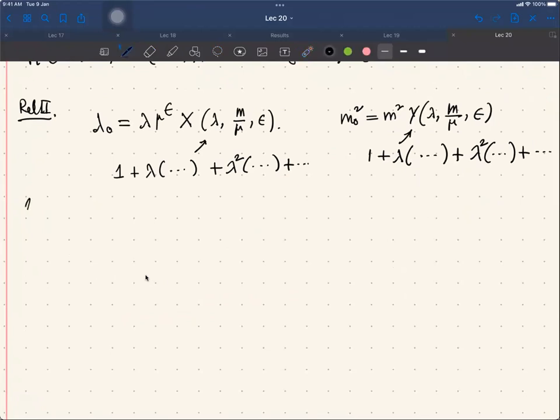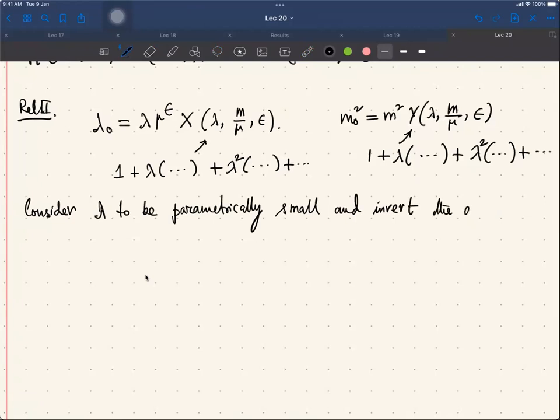So consider lambda to be parametrically small and invert the above relations. Then you can write lambda in terms of the lambda and m square in terms of the bare quantities.